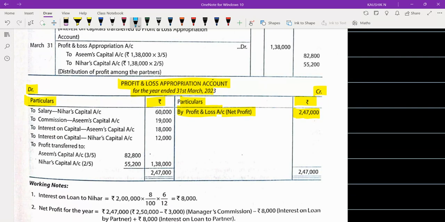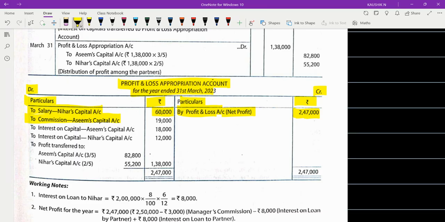And then here, what are the appropriations that you have? Salary paid to Nihar, 60,000, you calculated. Commission to Asim, you got the amount as 19,000. It's wrong. This is a wrong calculation actually. It should be 18,700. So we got the value of rupees 18,700.